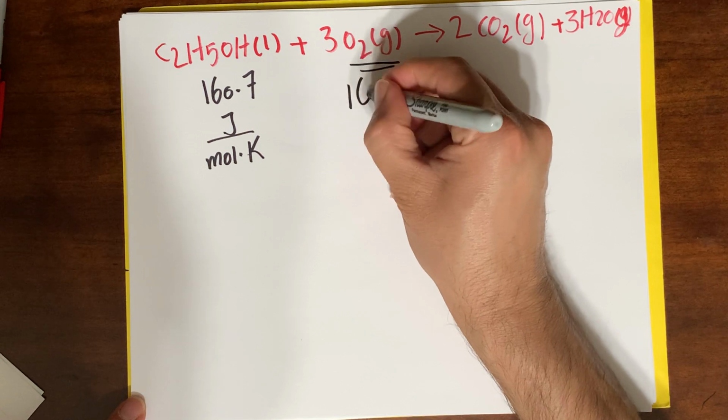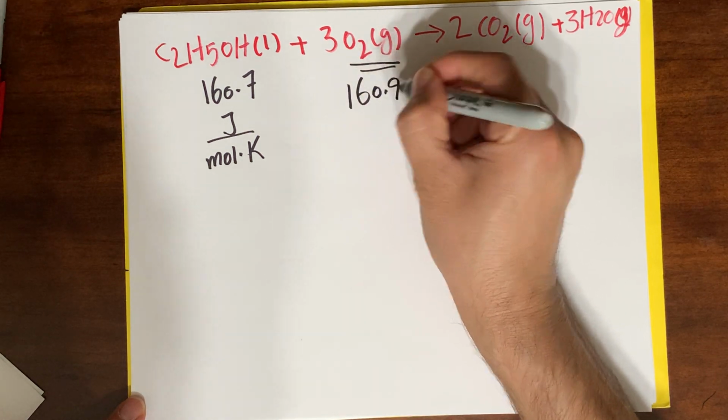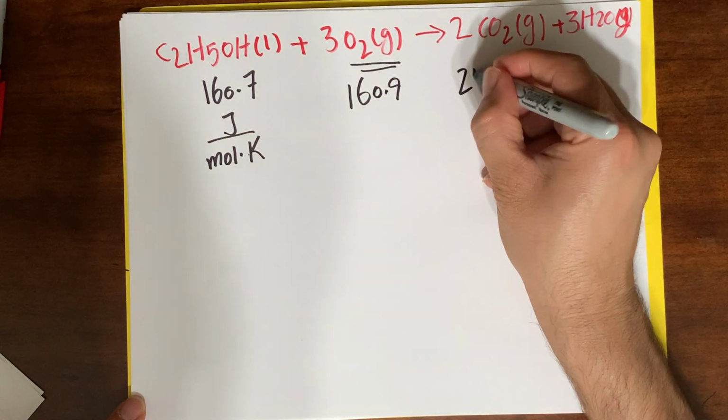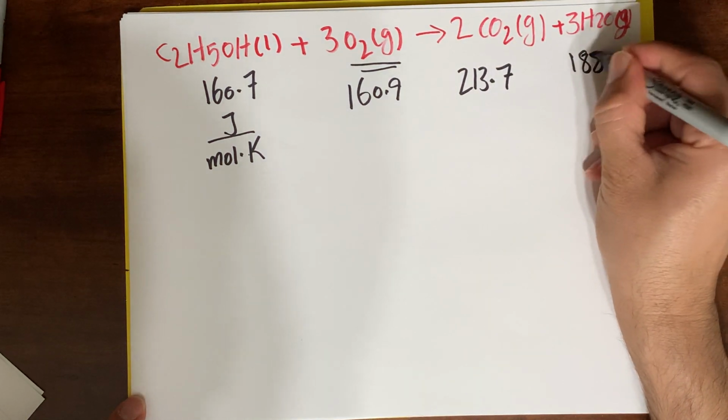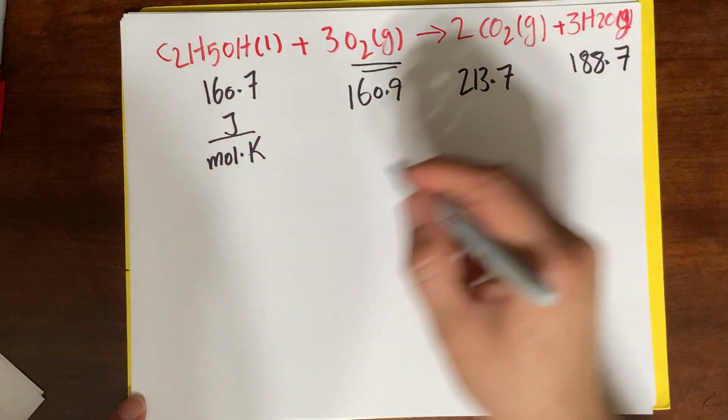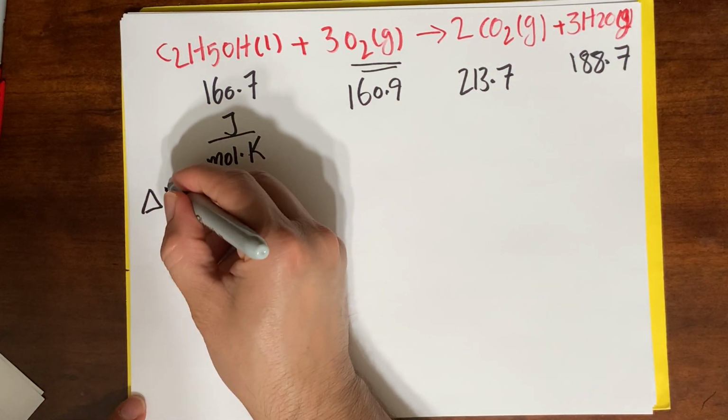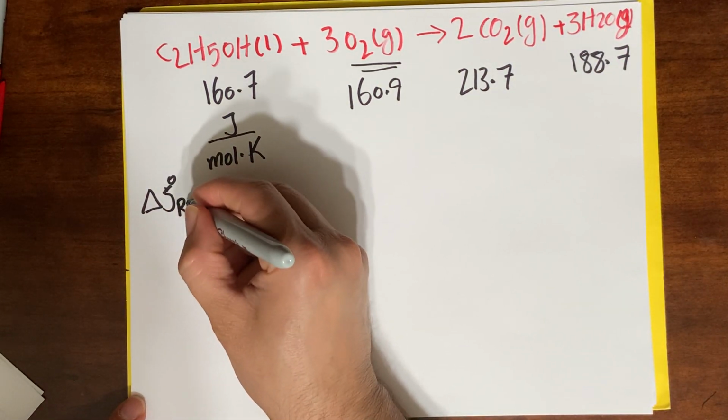O2 is not 0, it's 160.9. CO2 213.7, 188.7.